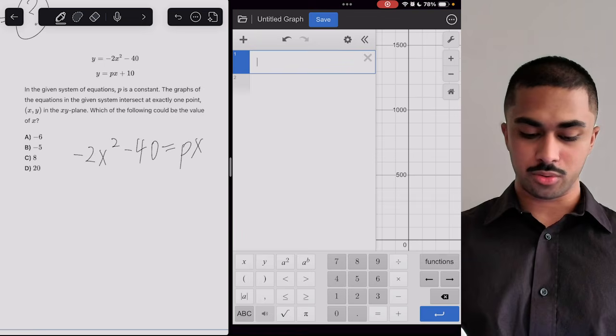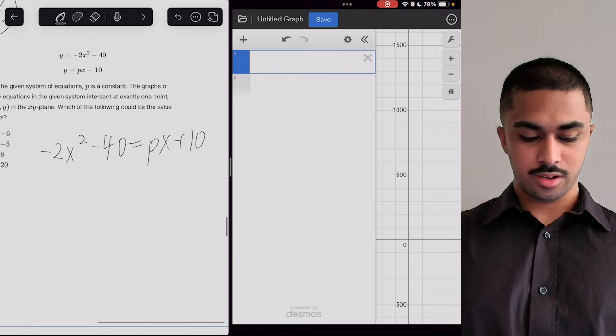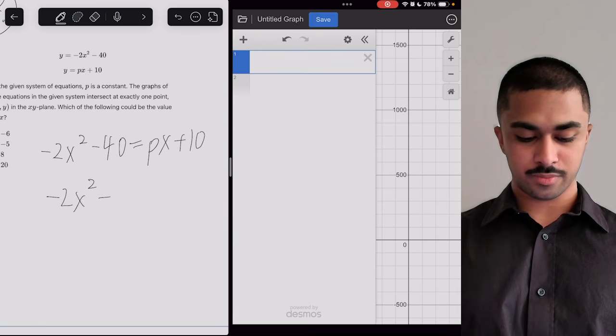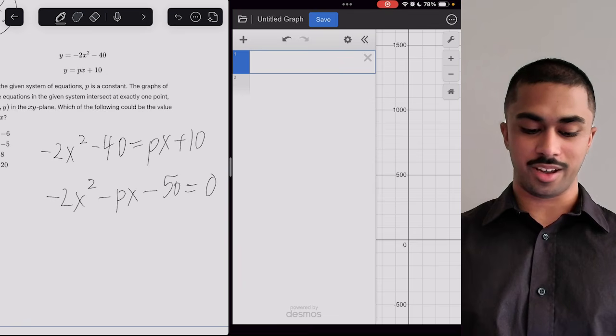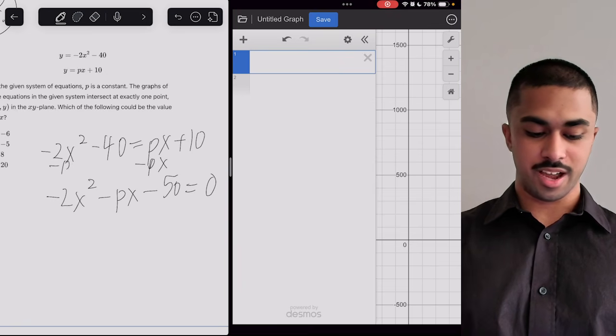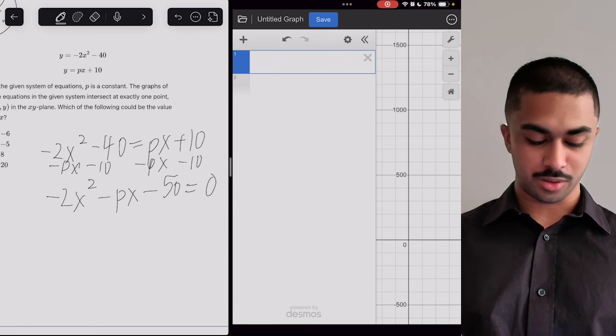So here's what we need to do. We need to set these equal to each other, and then let's move this over. I did a couple steps in one, but I just basically minus px to the other side and 10 at the same time. That's all.